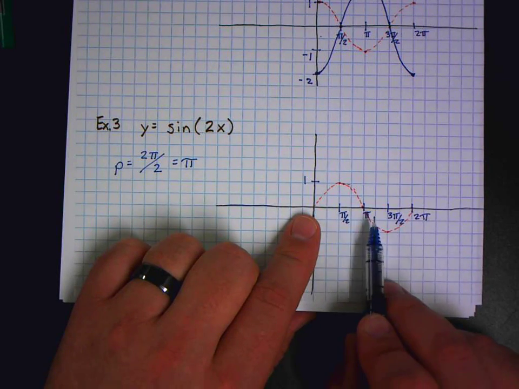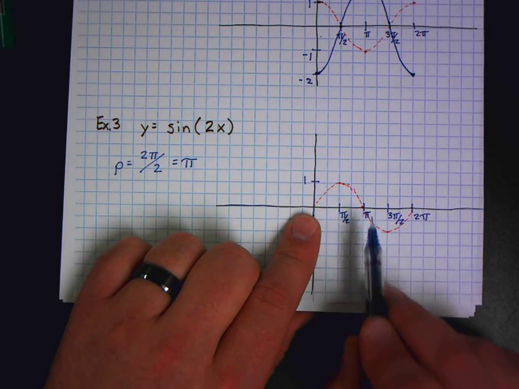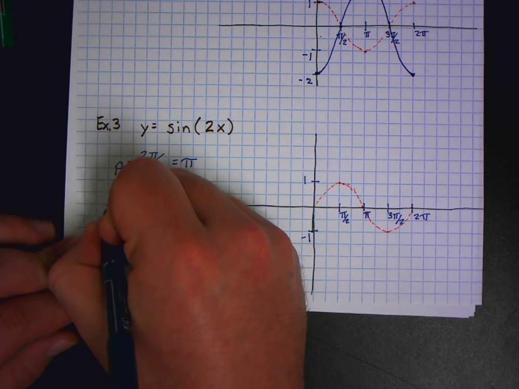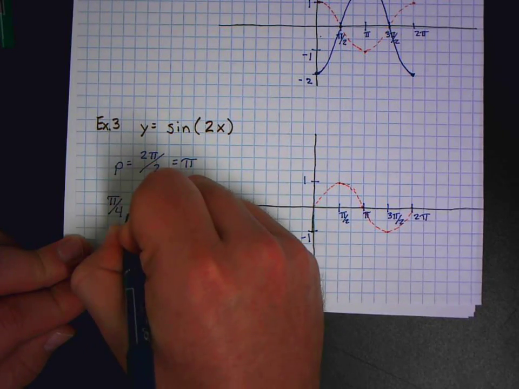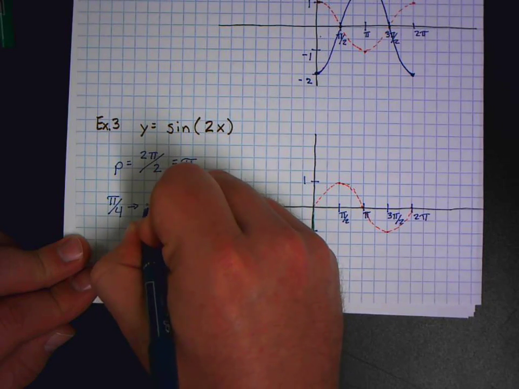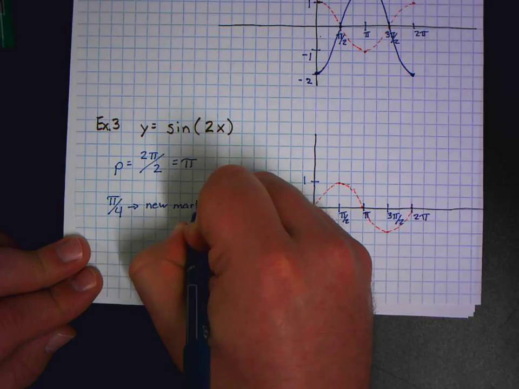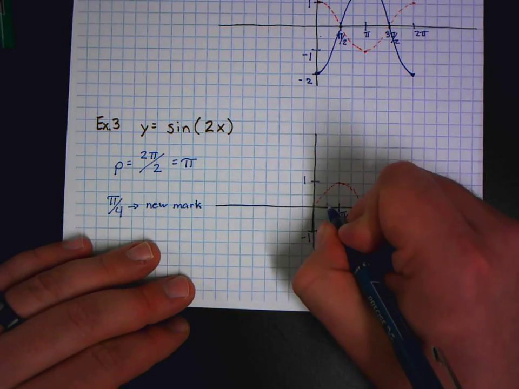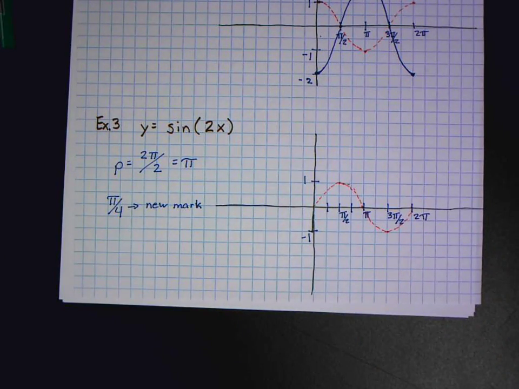Okay, so what you need to do is take pi and divide it by 4. So I take pi divided by 4, and that's my new marks. So that means I need to count by pi over 4. Okay, so I have a mark at pi over 4 and a mark at 3 pi over 4 now.